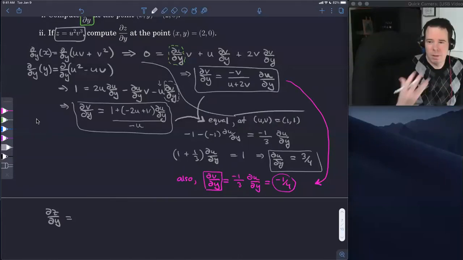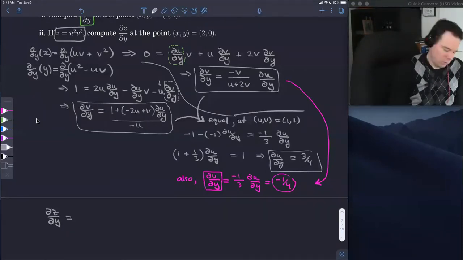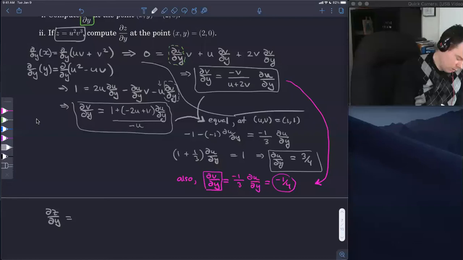But we want to see how this function z behaves in the other coordinate system. So when I replace u and v with their functions of x's and y's, how does z change with respect to those variables? So dz dy is dz du, du dy, plus dz dv, dv dy.